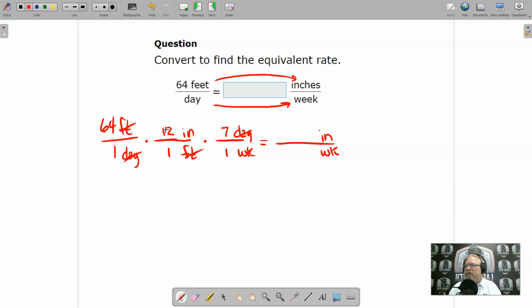Now I have 64 times 12 times 7 equals 5,376. 1 times 1 times 1 is 1. So there's my answer there. 5,376 inches per week is the same as 64 feet in a day.